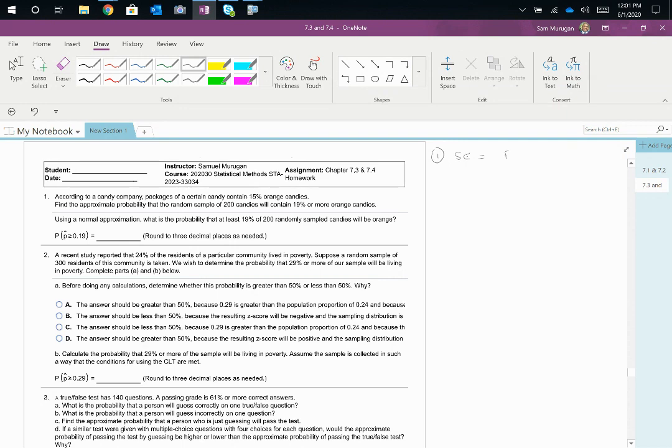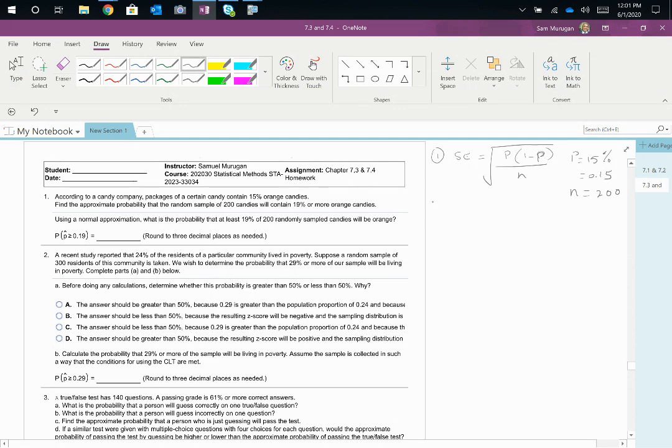Remember, standard error is the square root of P times 1 minus P over N. Here P is equal to 15%, which as a decimal is 0.15, and N is equal to 200.